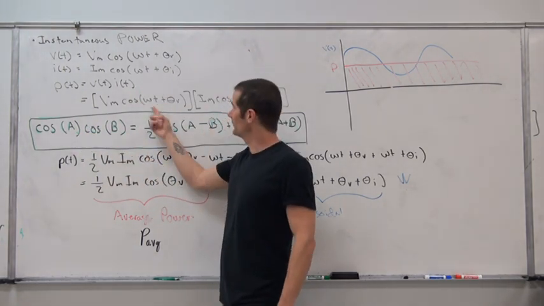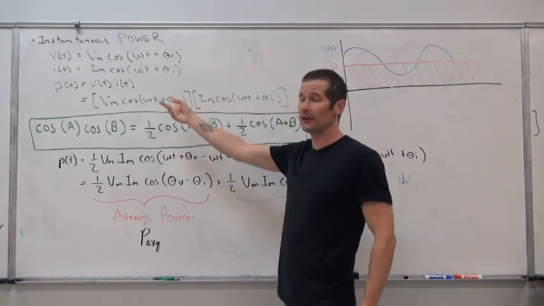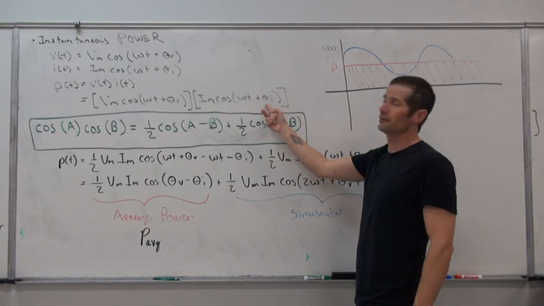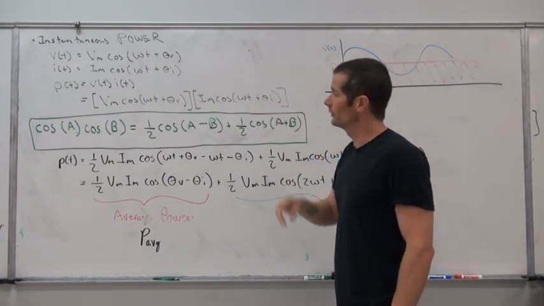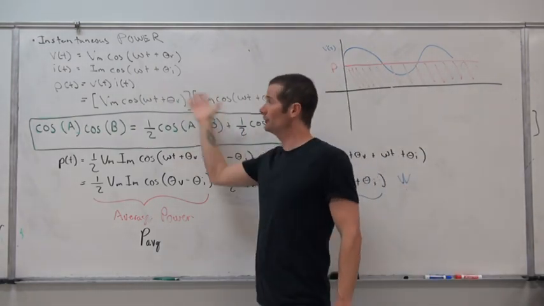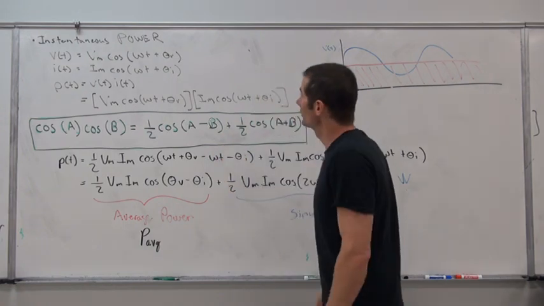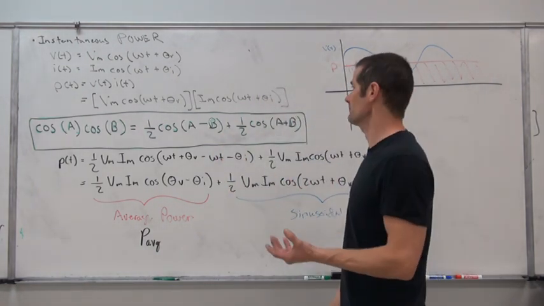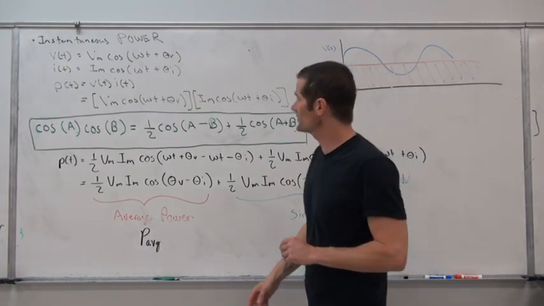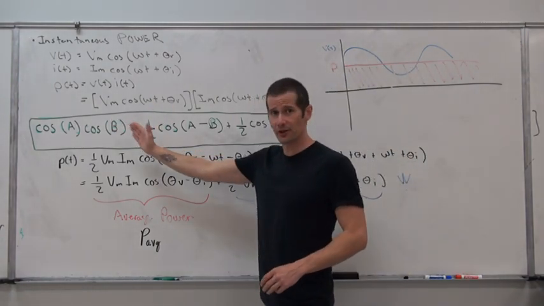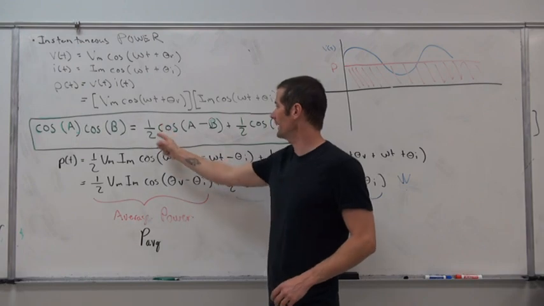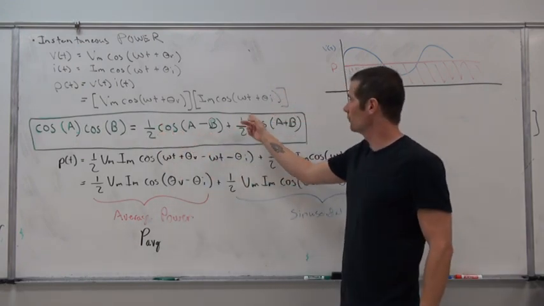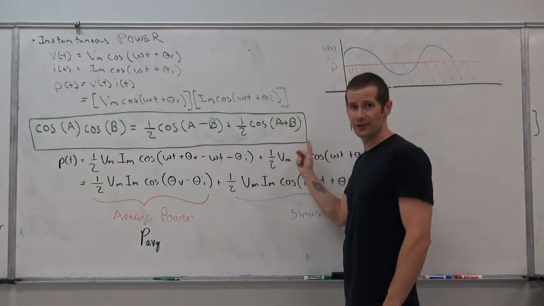The argument omega t plus theta v is different from the current's omega t plus theta I. So the way we can do the appropriate calculation for the instantaneous power within any AC system is to say cosine A times cosine B is equal to 1/2 cosine of A minus B plus 1/2 cosine of A plus B.